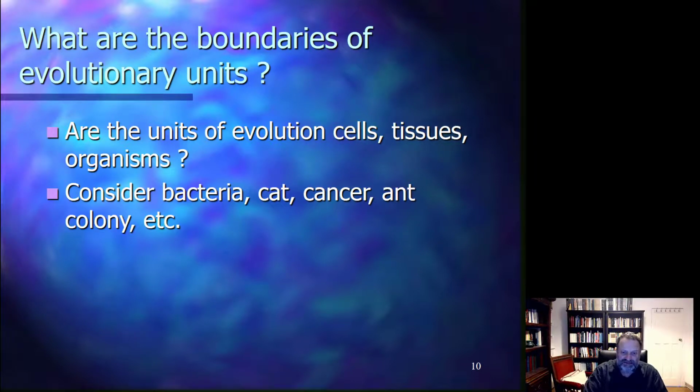Look at cancer. It looks like it is happening at the level of cells and tissues. So really, these are not fully resolved questions. So consider the ant colony. Is the individual ant the unit of evolution, or rather the whole colony of ants, dozens or perhaps millions of ants together?